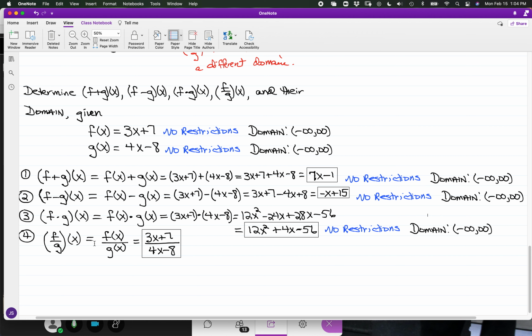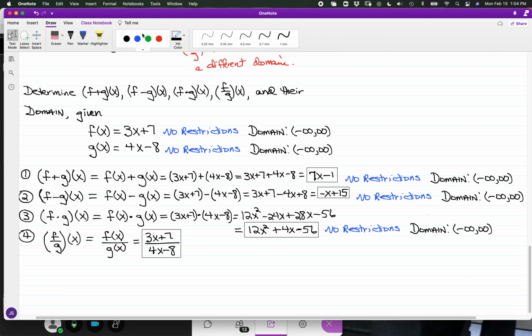Now with f over g of x, again, it has to play by the added rule that the denominator cannot be 0. So for 3x plus 7 over 4x minus 8, the 4x minus 8 cannot be 0 in value.